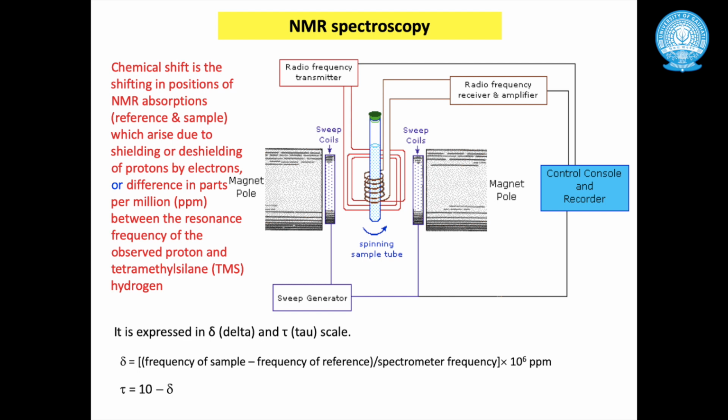Among the proton NMRs also, 300, 400, 500, 600 hertz radio frequency transmitters are used. So with more frequency there will be more accuracy and clarity of the spectra.